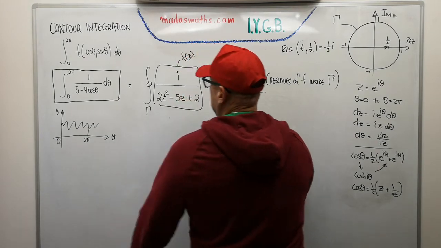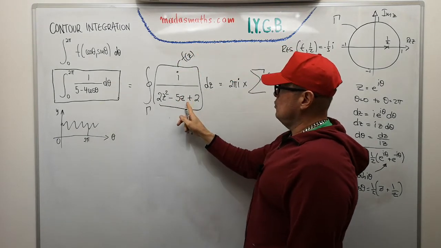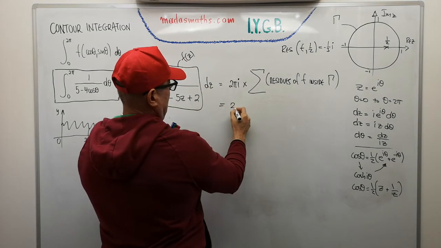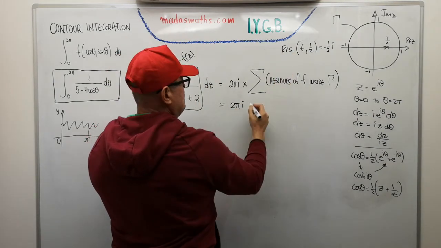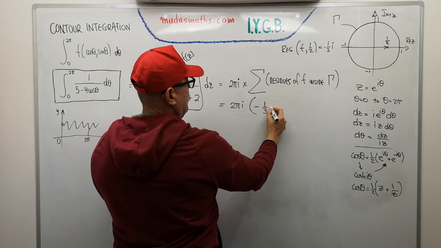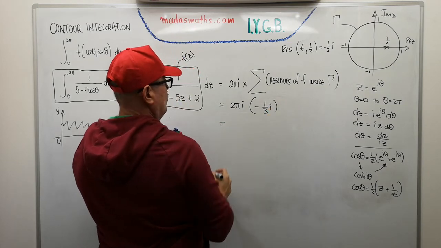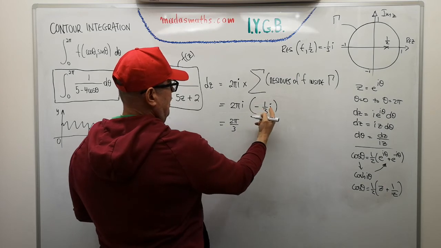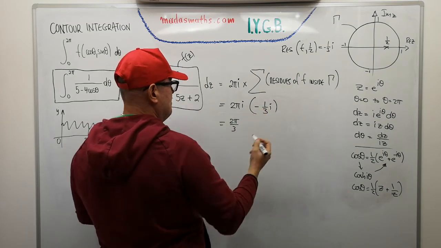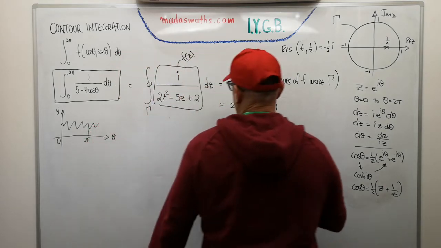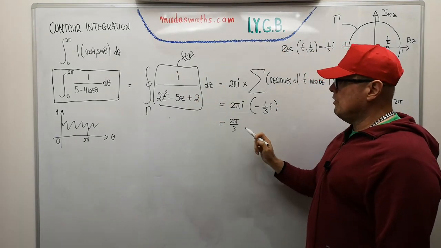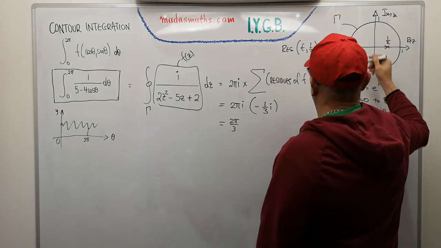So what I'm trying to find is equal to 2 pi i times minus 1/3 i, which of course is going to be 2 pi over 3. The i times i is minus, times the minus is in fact plus. So the value of this complex integral is 2 pi over 3 when I'm integrating over the unit circle.